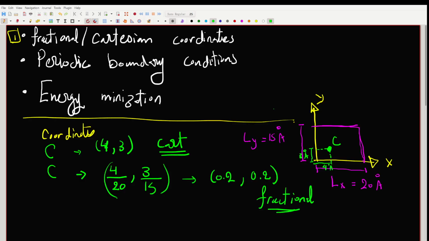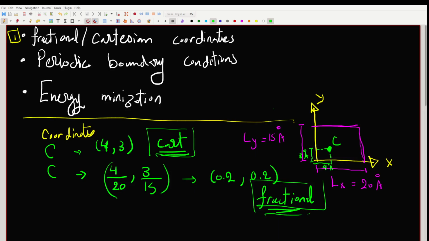Now, most of the software packages give you the two options to present the positions of the atoms using Cartesian coordinates or fractional coordinates. And with time, one will get the feeling or the impression when using one or the other would be more useful. So generally speaking, fractional is the best.